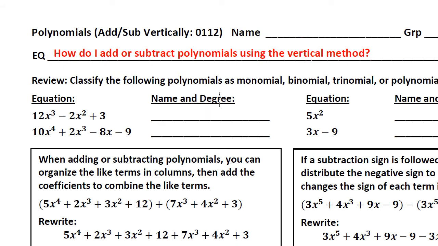And the degree, remember, look at each monomial inside this polynomial and check the degree. This first term has a cubed variable, so that's a degree of 3, then a degree of 2, then a degree of 0. There's no degree on a constant, so that would be a third degree. Why don't you pause the video for a moment and try the other 4, and I'll give you those answers in a moment.